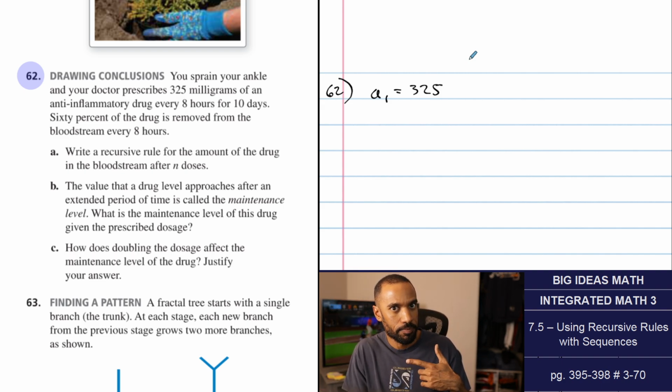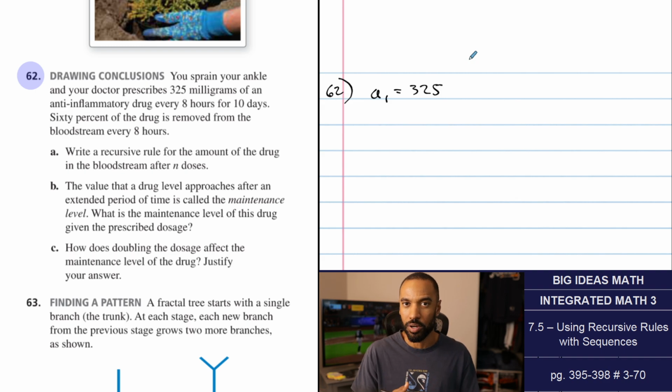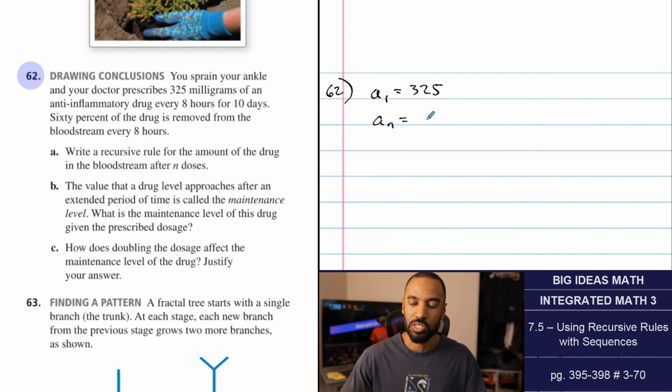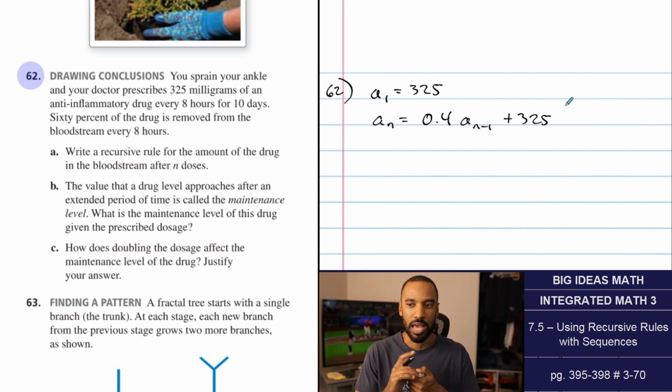I take it. I have 325 in my system. I lose 60% after 8 hours, but after that 8 hours, I'm going to take another 325. So to me, the rule states the 60% that's removed meaning I still have 40% that remains, but I'm about to add another 325 to that. Is that right, a recursive rule?